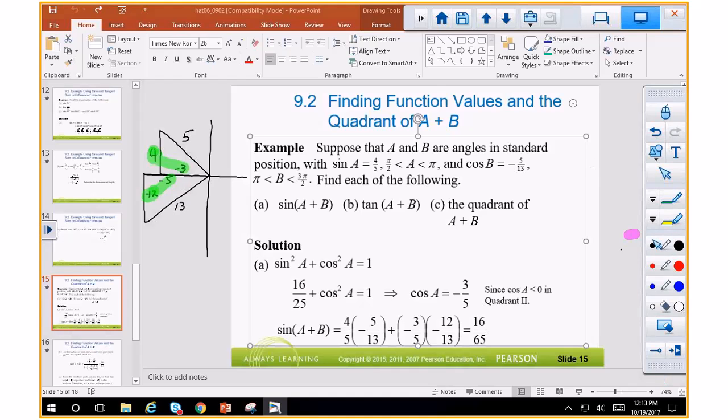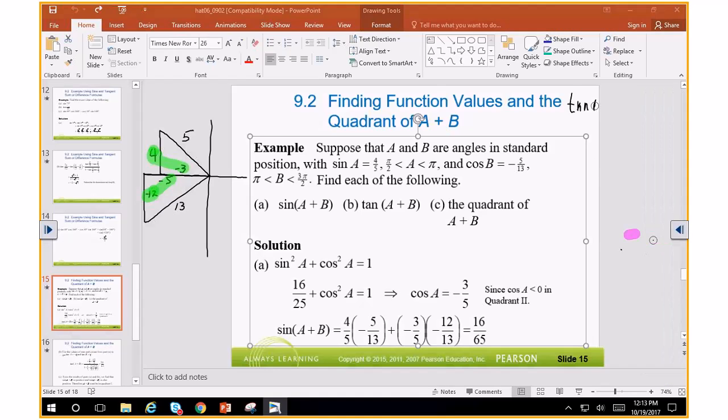Well, the tangent of A plus B is equal to the tangent of A plus the tangent of B, over 1 minus the tangent of A times the tangent of B. Y'all check me, because this board's not going to write it.